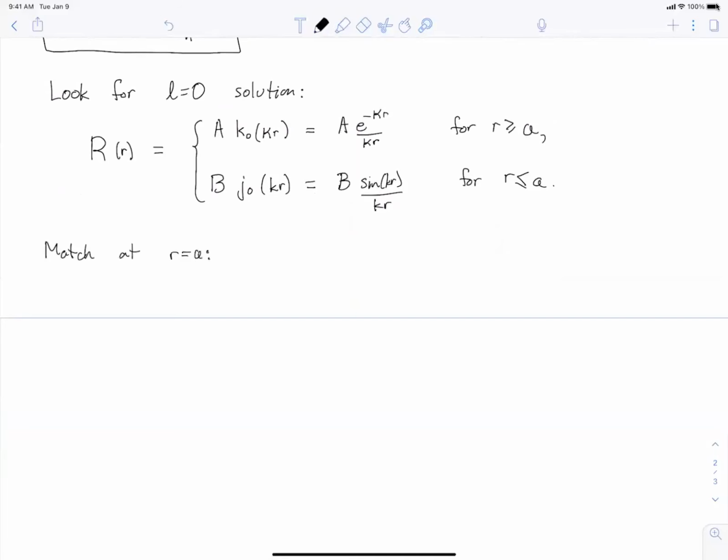The equation we get is A e to the minus kappa a over kappa a times the appropriate Y_lm, which is Y_00 because we're doing L equals 0, has to equal B times sine ka over ka times the same Y_lm.